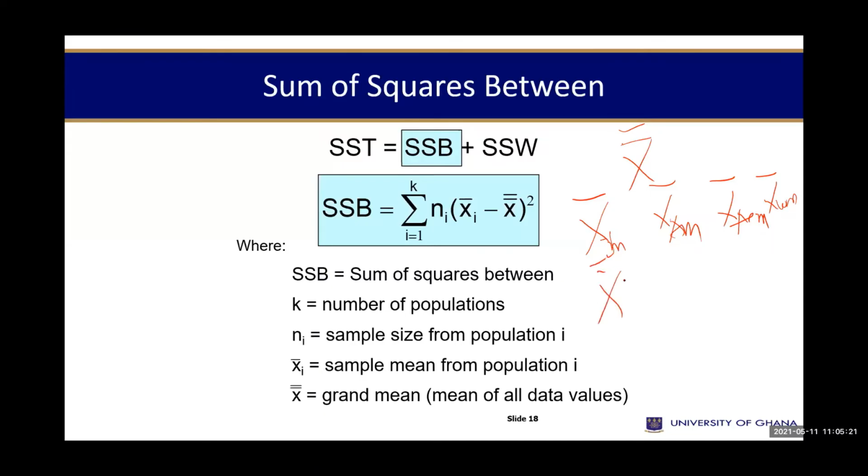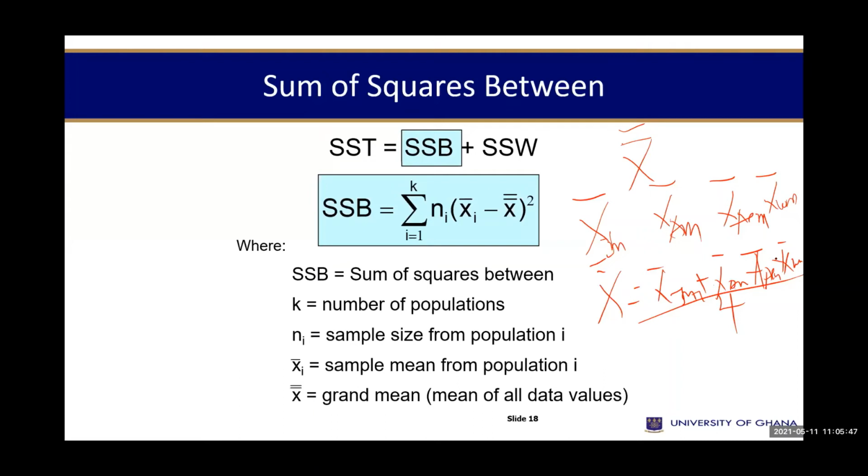My X bar is the addition of all the means divided by the number of means I have. So I have X bar JM plus X bar AM plus X bar ACM plus X bar WM divided by 4, because I have 4 means.